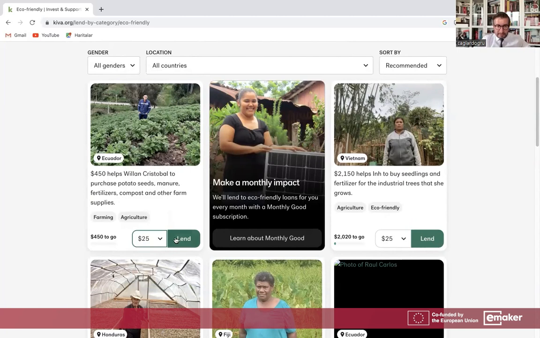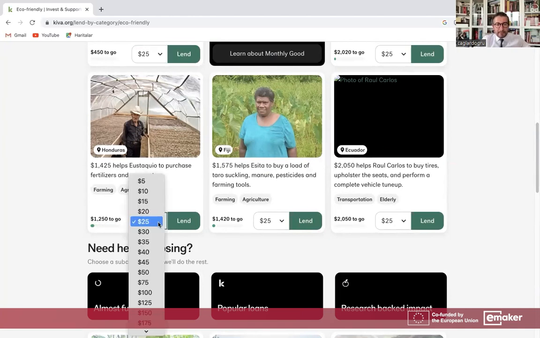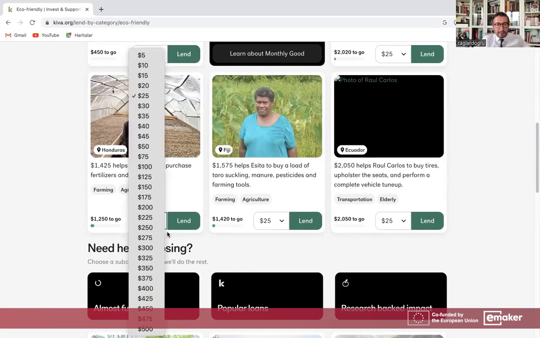Maybe it seems a small amount, but I believe it will be valuable for the borrower. In another example here, there is also a farmer, from Honduras I think, and he needs $1,250.